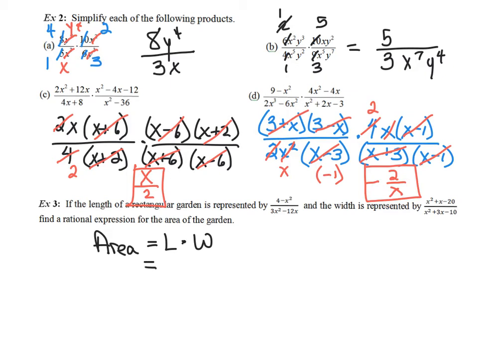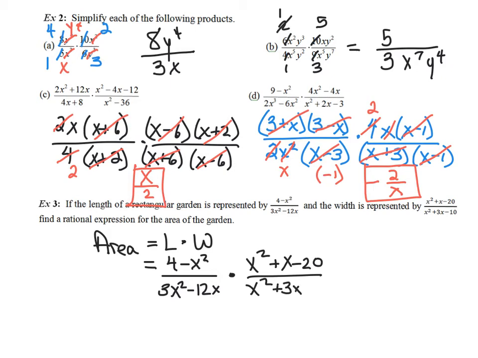So in this case, to find the area of our garden, we're going to say the length is 4 minus x squared over 3x squared minus 12x. That has to be multiplied by the width, x squared plus x minus 20 over x squared plus 3x minus 10.